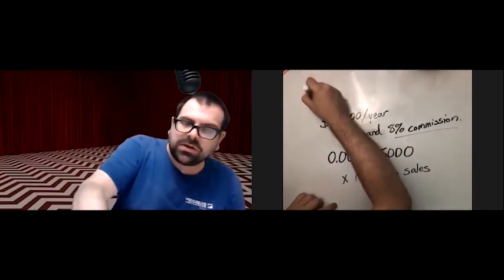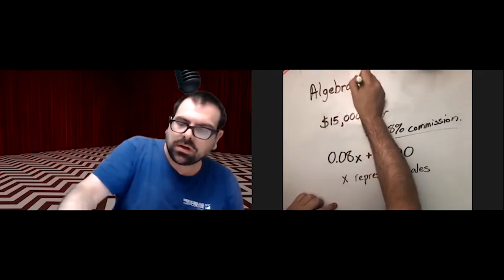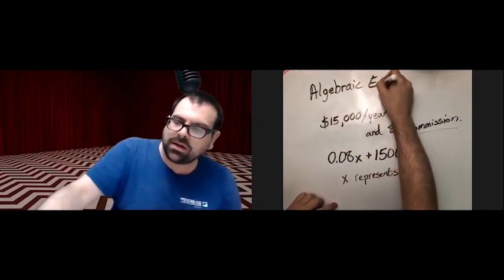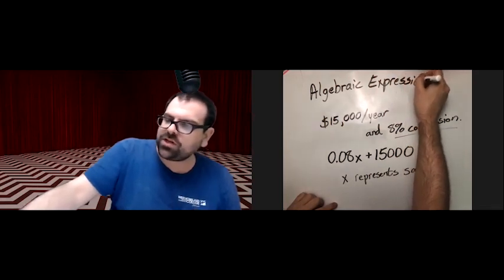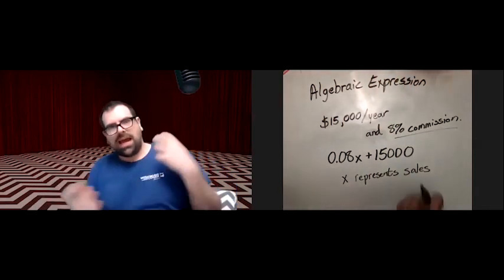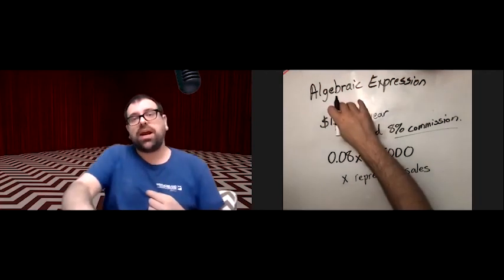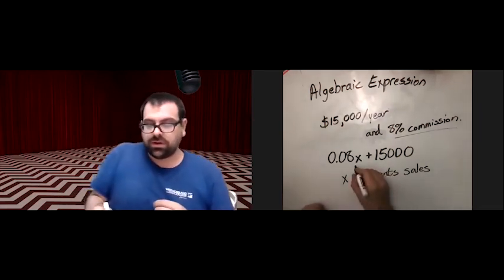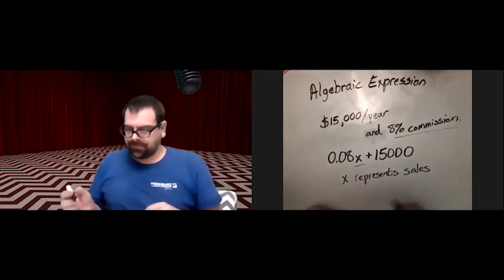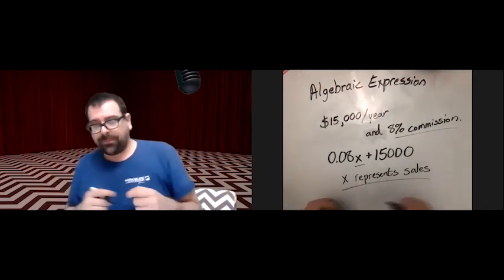This is called an algebraic expression. So instead of just an expression where we're adding, subtracting, multiplying, dividing numbers, an algebraic expression is going to have a variable like x in it, where x represents some other number.